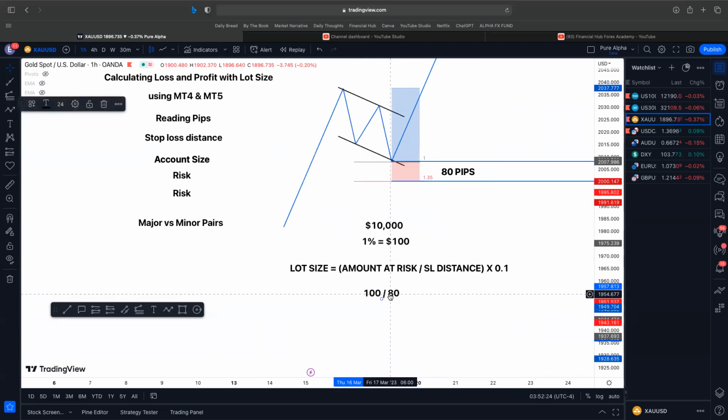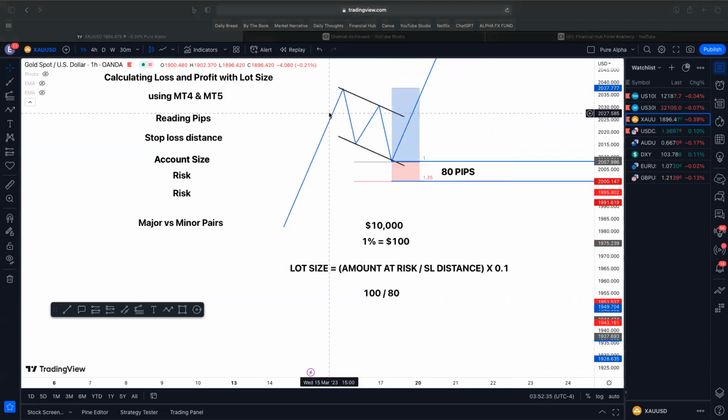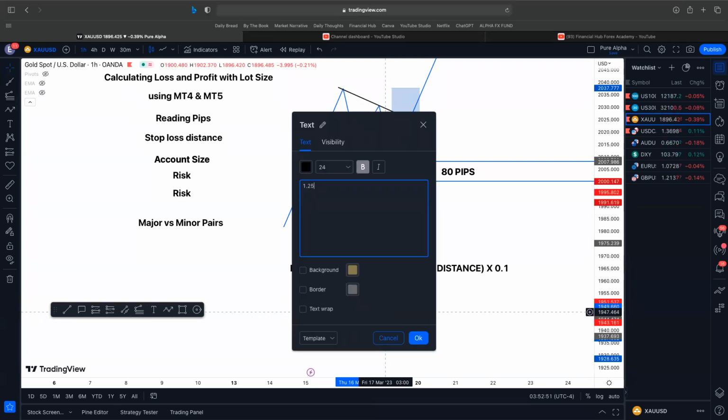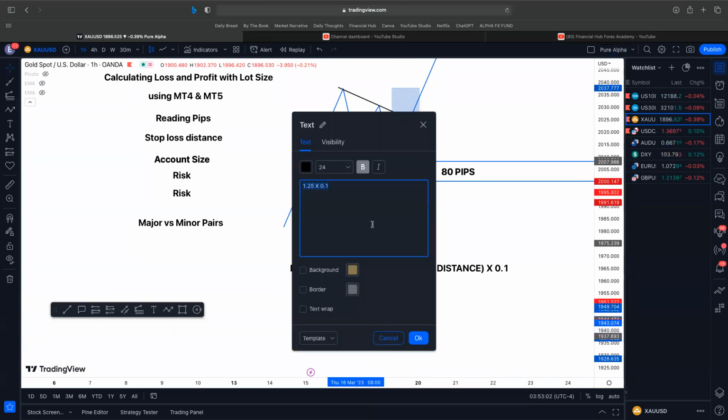Let me do a quick calculation on my calculator. 100 divided by 80 equals, I'm sure most of you have already done it, 1.25. And remember, now you multiply that times 0.1, and the answer you're going to get is 0.125.